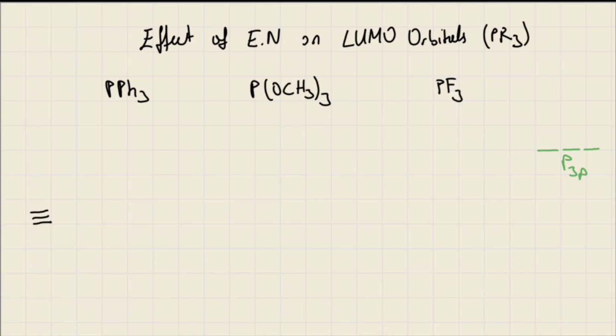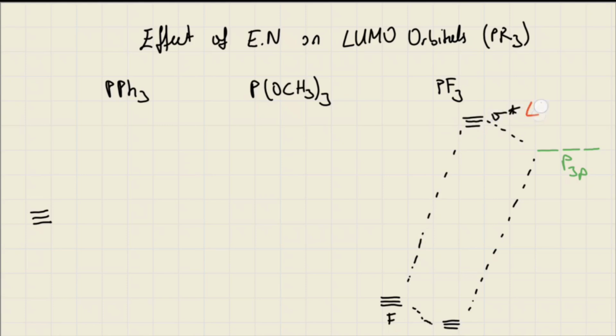So in this case, what will happen is that fluorine is very electronegative, and fluorine atoms' orbitals will be very low energy, right? So that pi star orbital or the LUMO orbital is very low. So this is the LUMO of the PF3, and it is accessible for the metals.